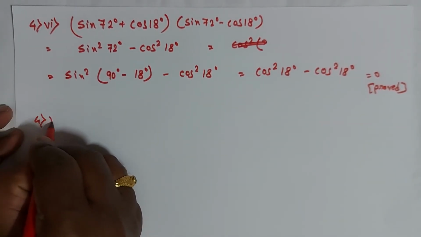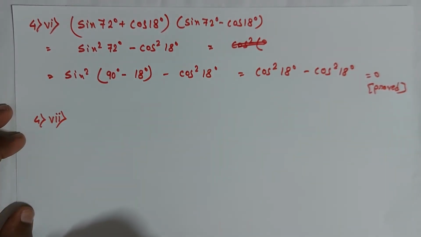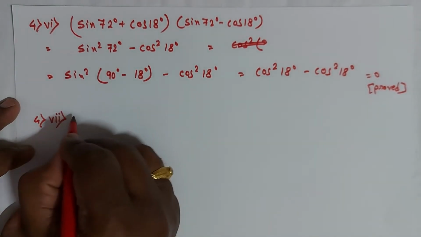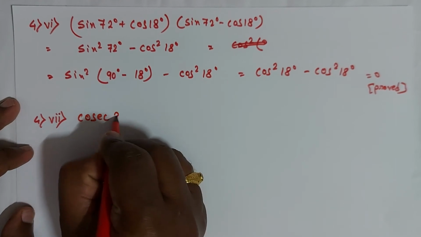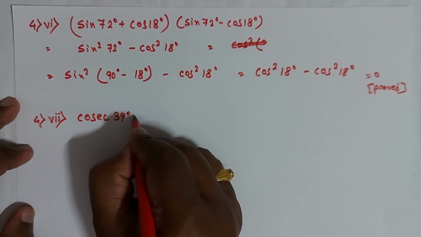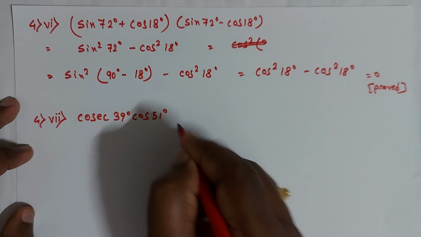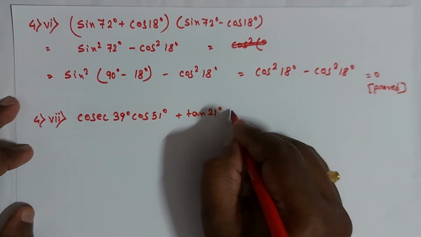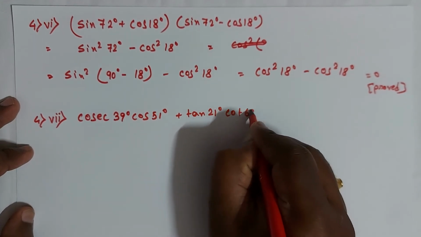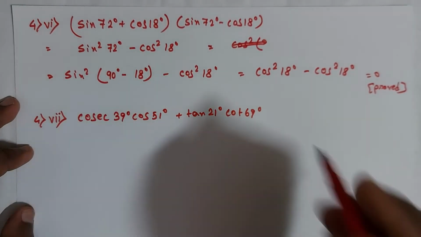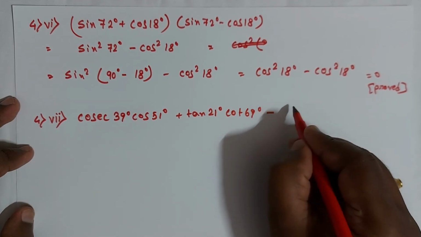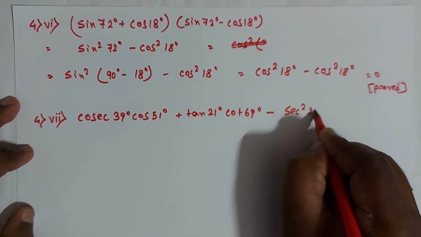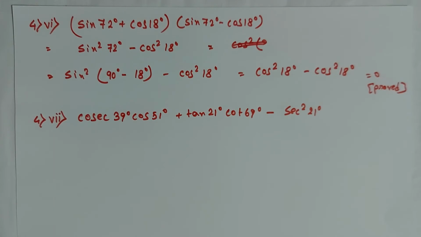Next is question 7: cosec 39 degree into cos of 51 degree plus tan 21 degree into cot 69 degree minus sec square 21 degree equals 0, we need to prove. So how will we prove this?